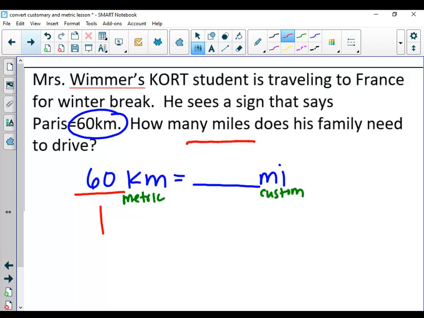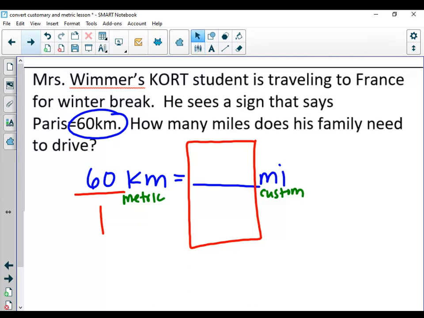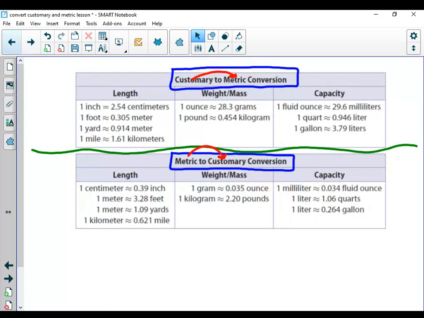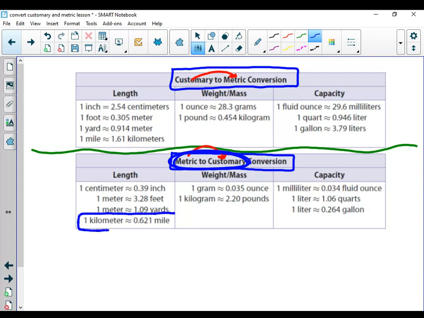I need to fill in this spot with something related to miles and kilometers. From kilometers to miles. So here's my metric to customary. From kilometers to miles. Here it is.